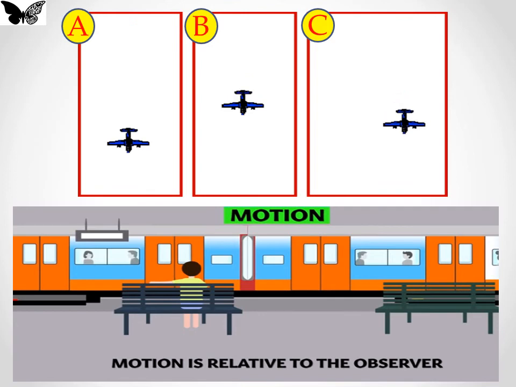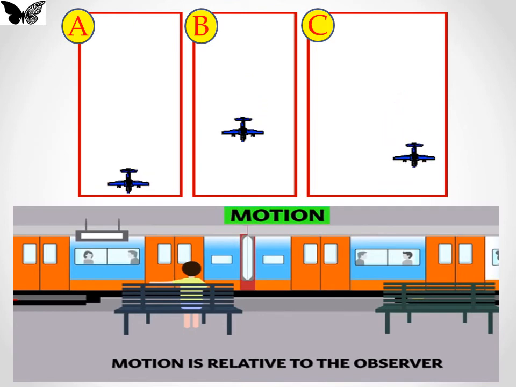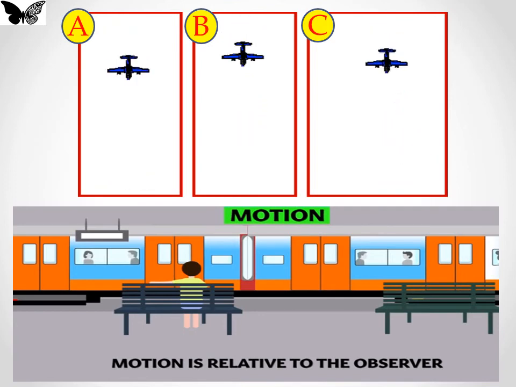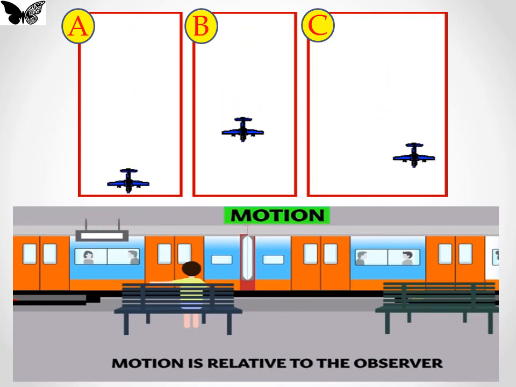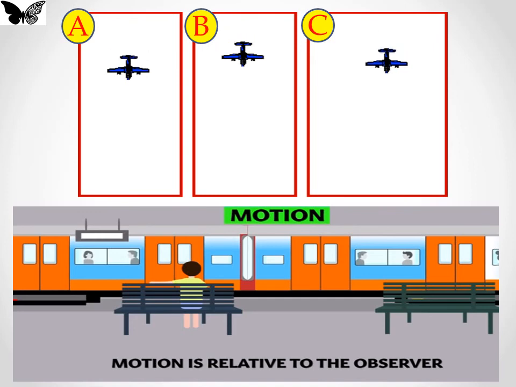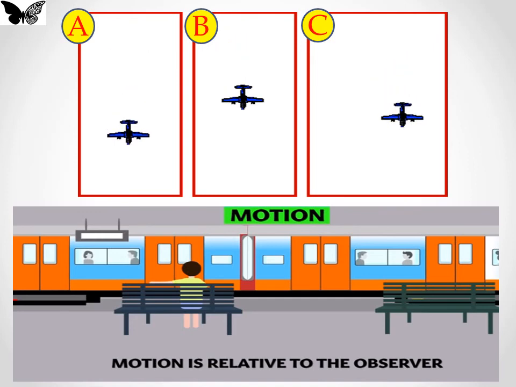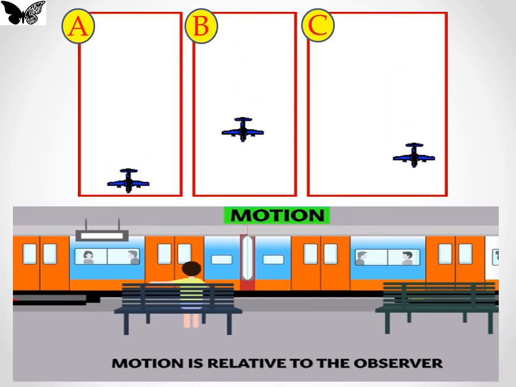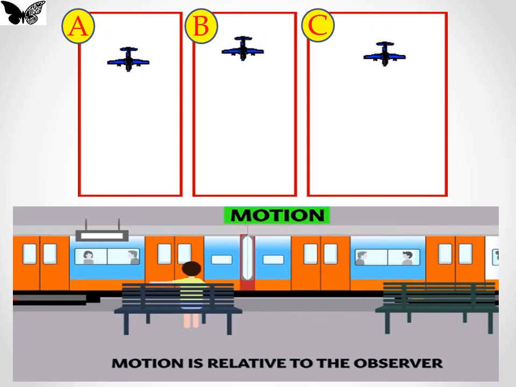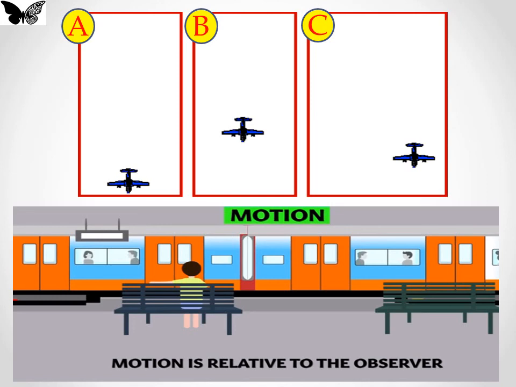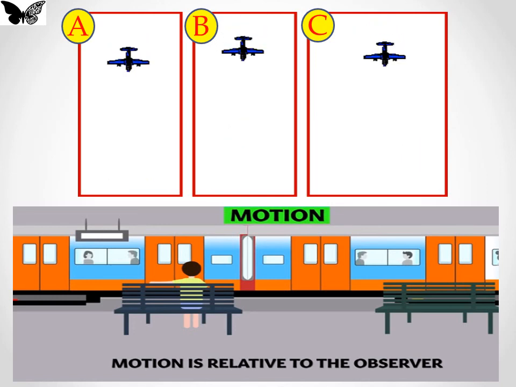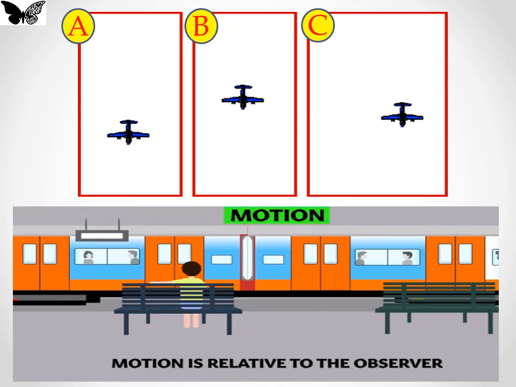So you said that C is fast relative to B, and it's slow relative to A. So according to other planes, you decided that plane C is slow or fast in motion according to your observation. So the motion is relative to the observer, which is you.